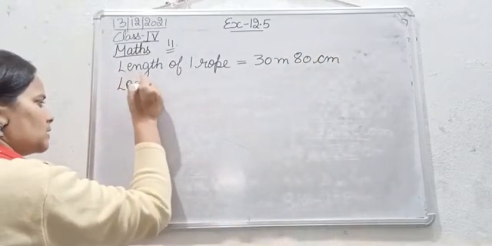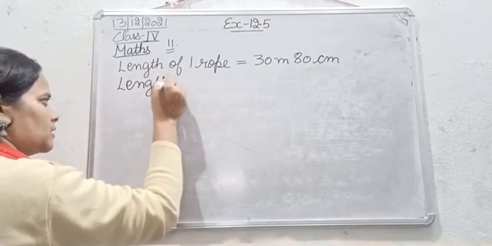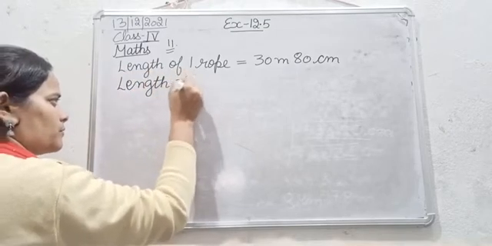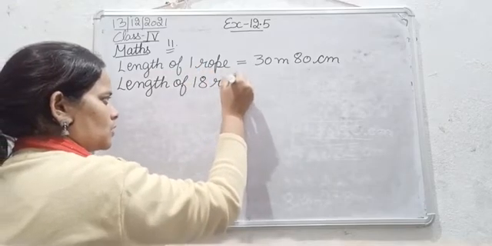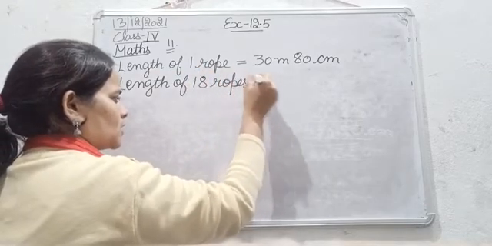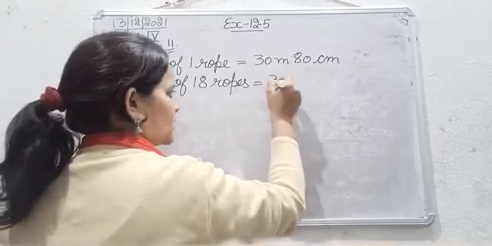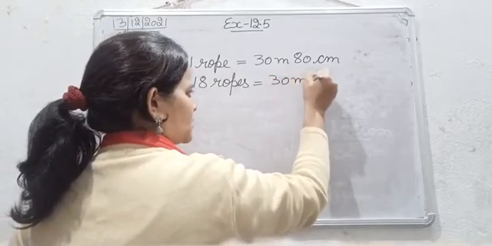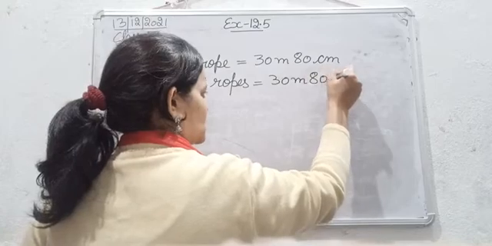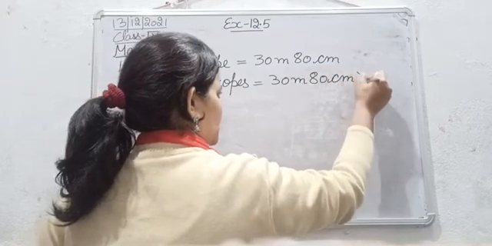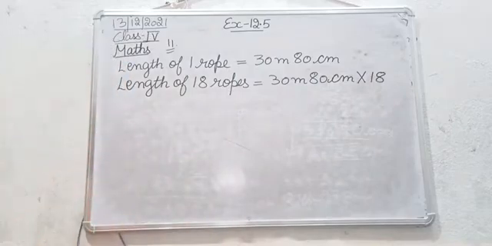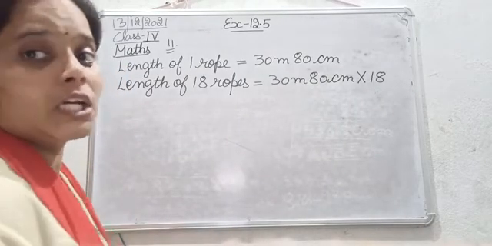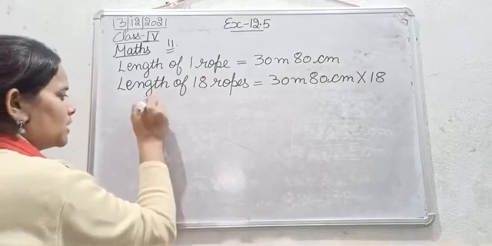Next, length of 18 ropes, that is 30 meter 80 centimeter multiplied by 18. So one is in meter, the other is in centimeter. So for that, first of all, we will do the conversion.